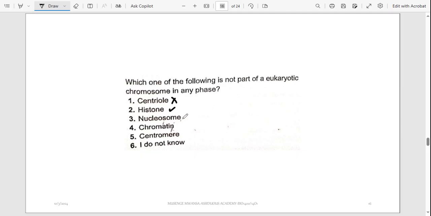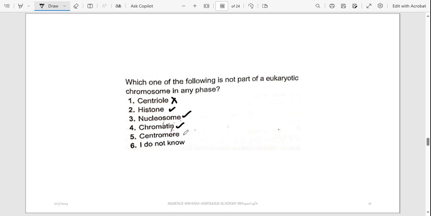So this is of course part, because histones are always part of DNA. You can't have a chromosome without histones at any point, and you can't have a chromosome without nucleosomes. Chromatin is the basic unit when you combine the histones and the DNA.